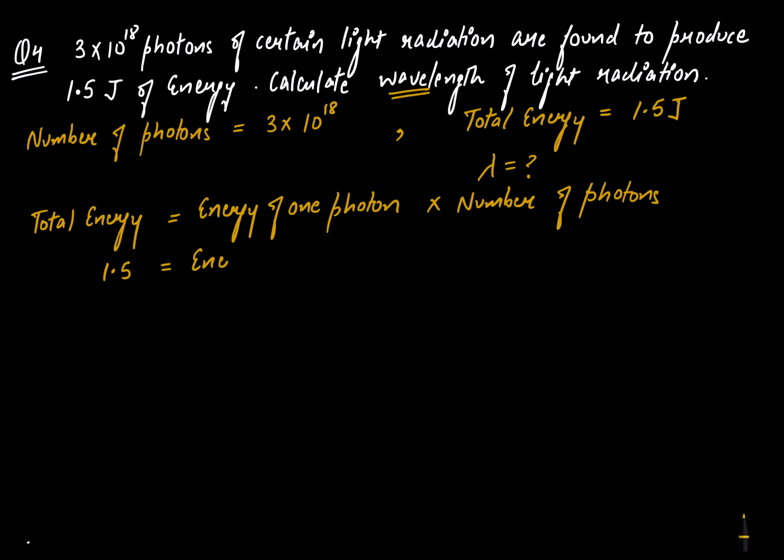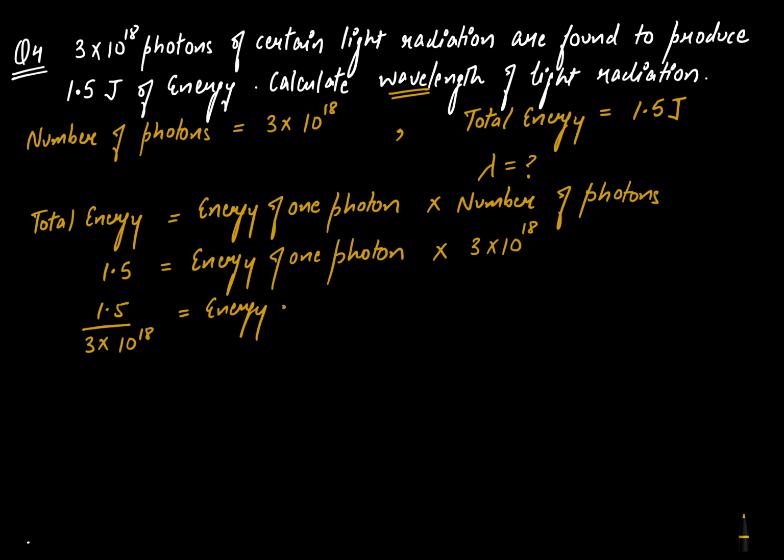Energy of one photon we don't know. How many photons are here? 3 into 10 raised to the power 18. So now 1.5 divided by 3 into 10 raised to the power 18 comes out to be the energy of one photon. It evaluates to 5 into 10 to the power minus 19. It's equal to the energy of one photon.